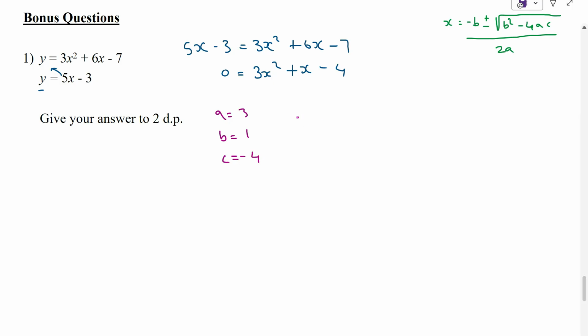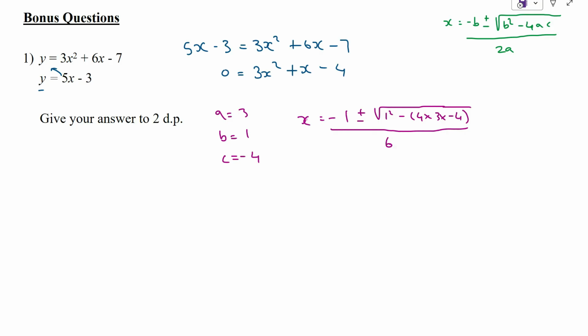So to solve for x, we need to work out minus 1 plus or minus the square root of b squared minus 4 times a times c, all over 2a, which is 6.